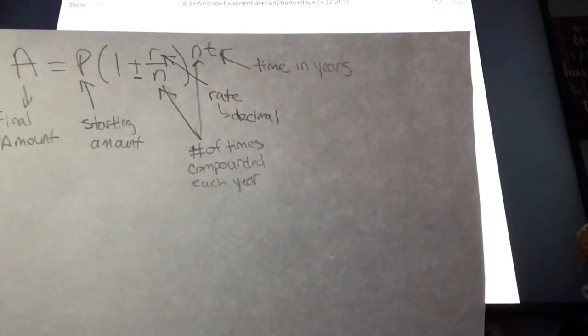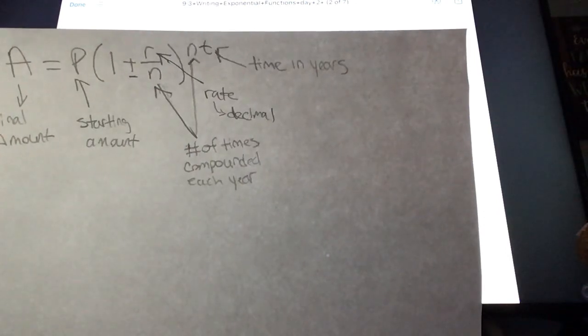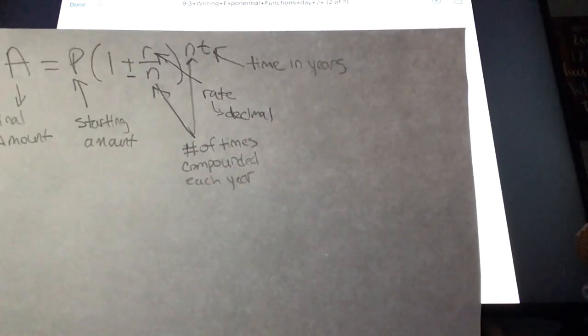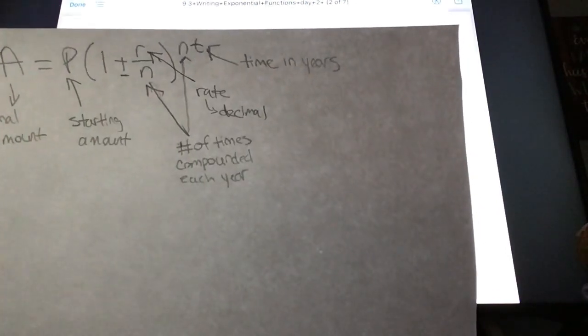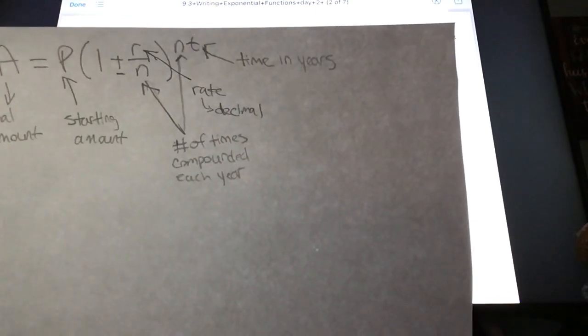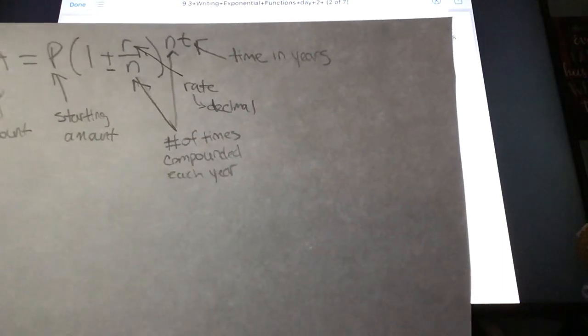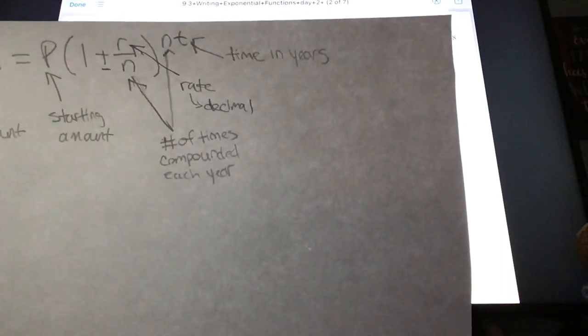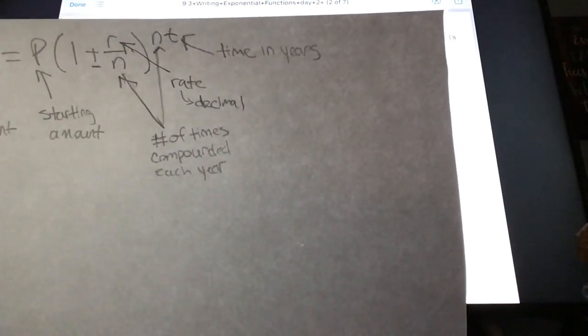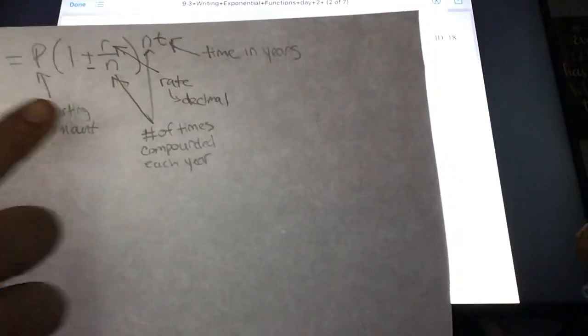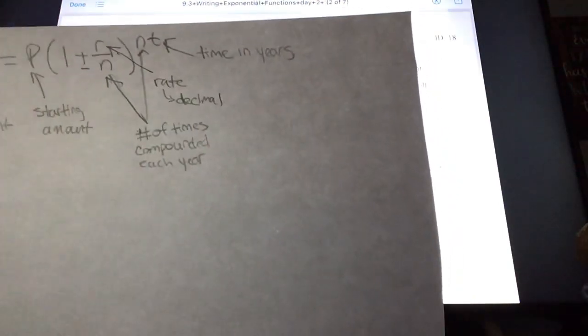The R, again, should be as a decimal. That's our rate. Our N is the number of times compounded every year, however many times in a year. And then our T over here is in years. So we have N in there twice, and it should be like that.